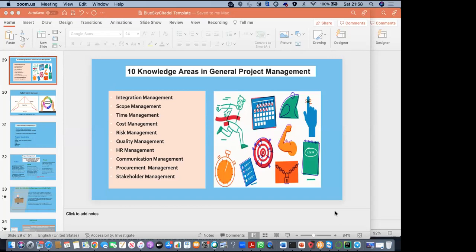Fantastic. All right. So when we talk about 10 knowledge areas in typical general project management, these are very important areas that you must know as a delivery manager. You must understand integration management, scope management, time management, cost, risk, quality, HR, communication, procurement, and stakeholder management.